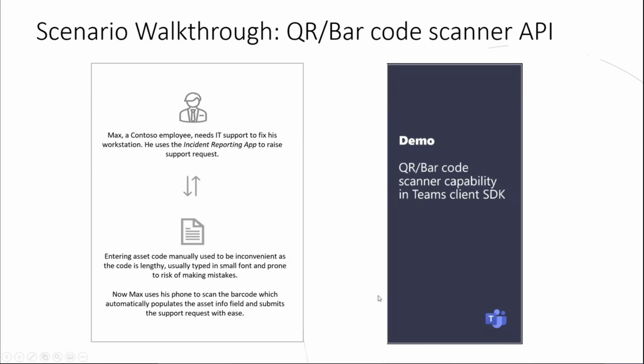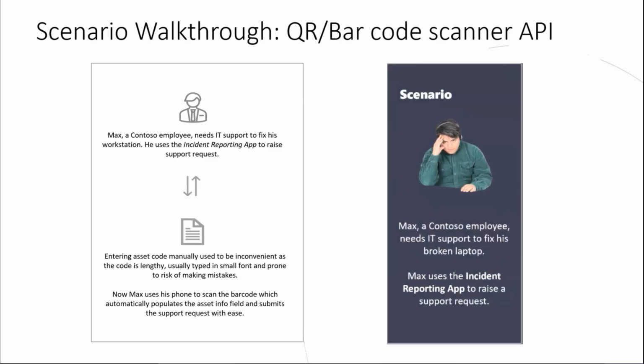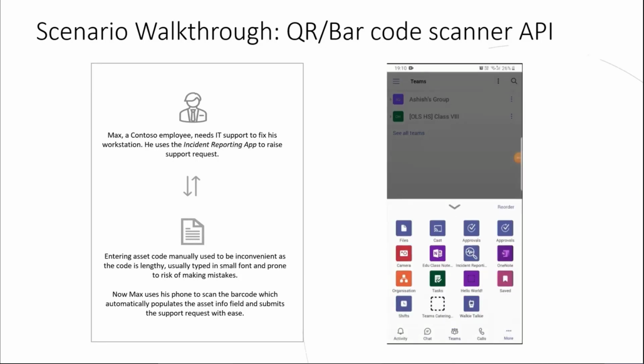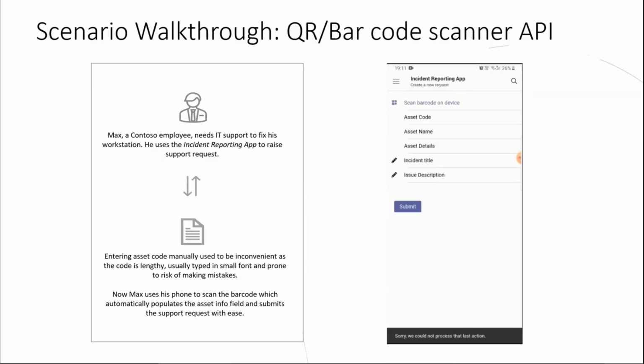Here's a demo showcasing QR and barcode scanner capability that's being added to the Teams client SDK. Max, a Contoso employee, needs IT support to fix his laptop. He uses the incident reporting app to raise support request. Earlier, entering asset code manually used to be really inconvenient, with the code being lengthy and typed usually in small font.